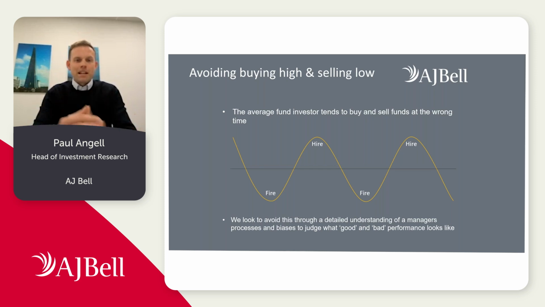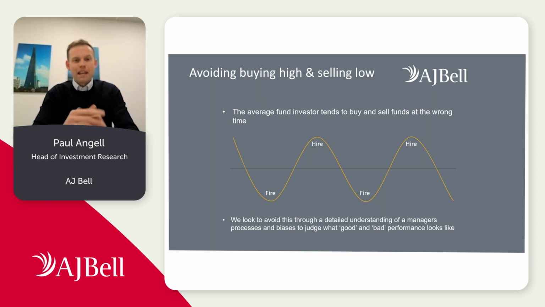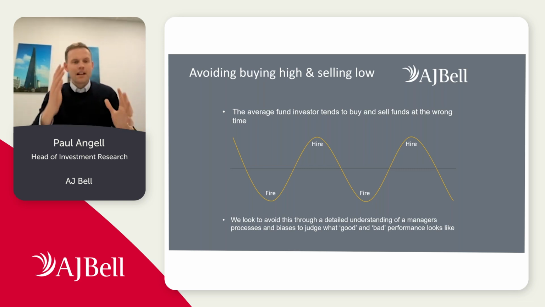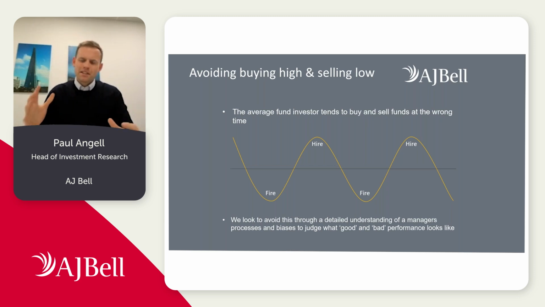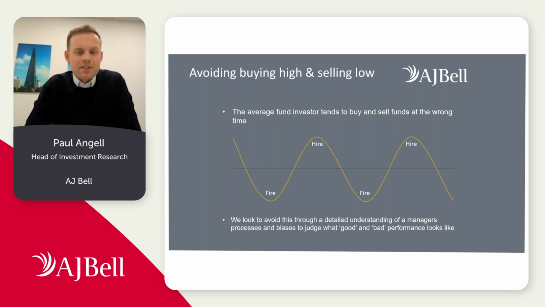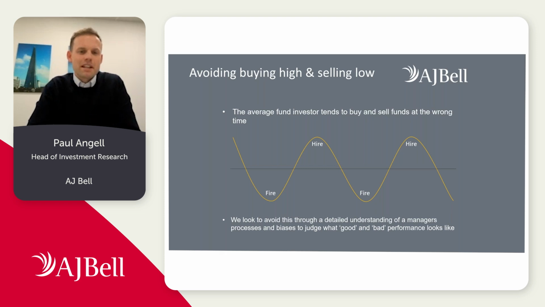So perhaps you have a manager who really likes growing earnings within their fund, but perhaps the market has not been interested in that particular investment factor and has actually been looking at a different investment factor, and so the manager has underperformed. And you as the investor will be tempted to see this underperformance, and think, you'd wear the performance down that yellow line on the left hand side of the chart, and then you think, oh, this is not good enough, I need to get rid of this manager.